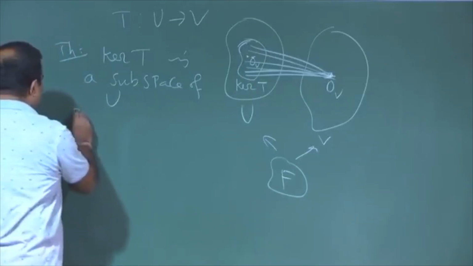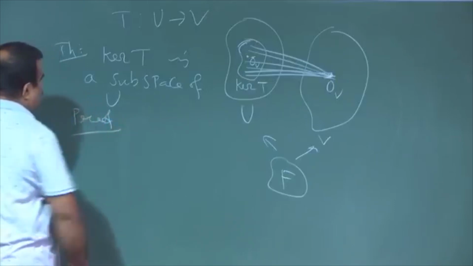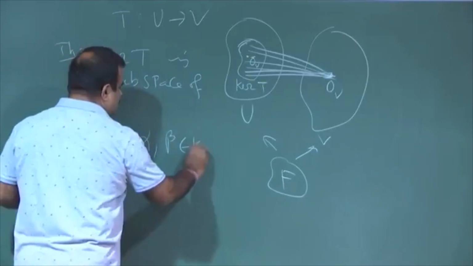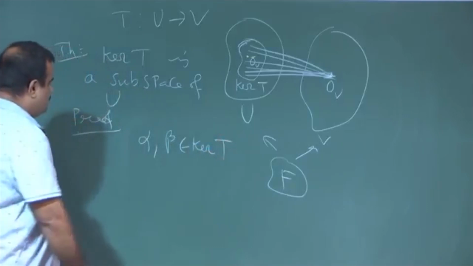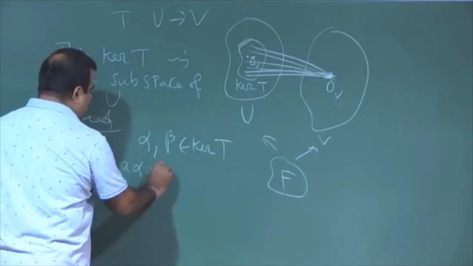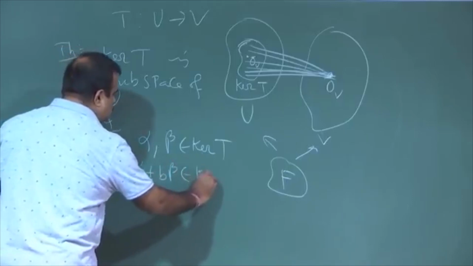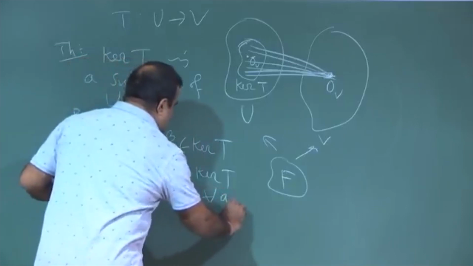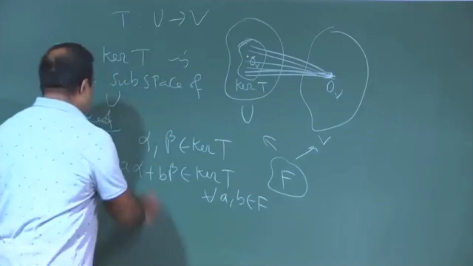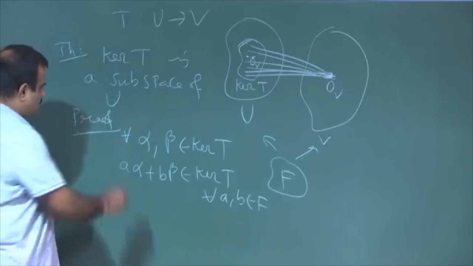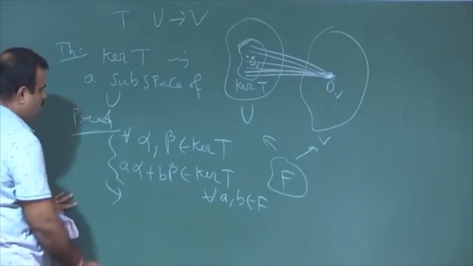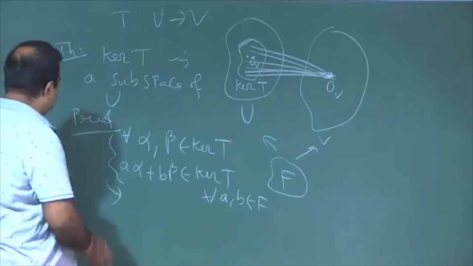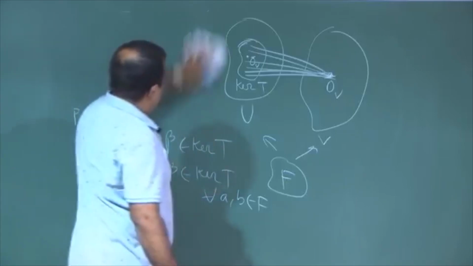For proving a subspace, we know that we have to take two elements alpha, beta from that subset, and if we can show that a alpha plus b beta belongs to that subset, and if this is true for all a, b and all alpha, beta, then we have proved, by a theorem, that this is a subspace of U. So, now we have to show this. Let us try that.